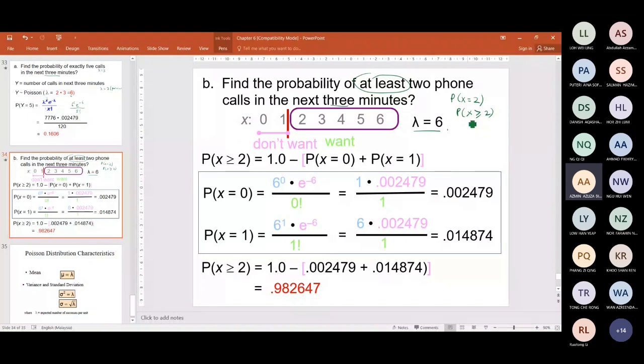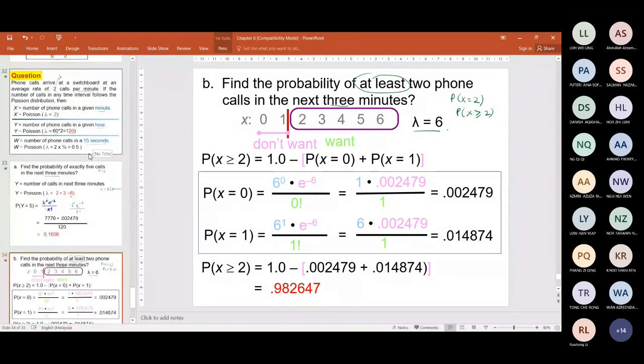Why is it maximum only 6? Any idea why I mentioned that the maximum is only 6? As you can see here, x is 0, 1, 2, 3, 4, 5, 6.